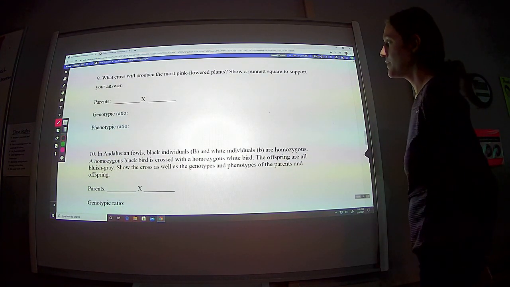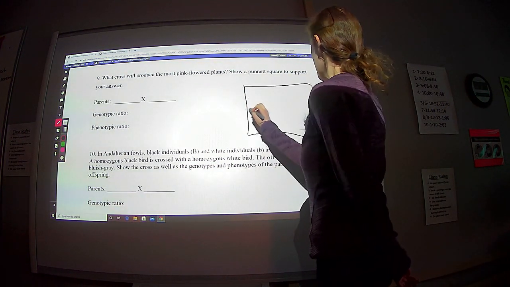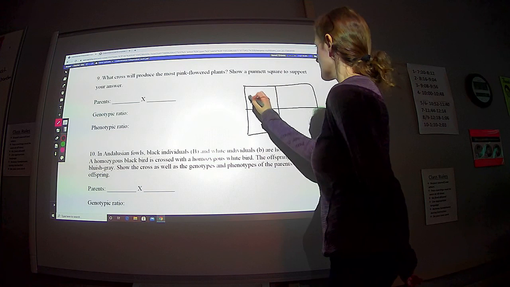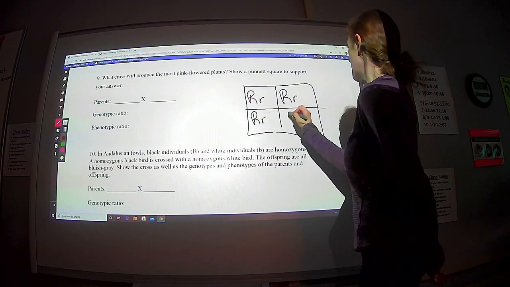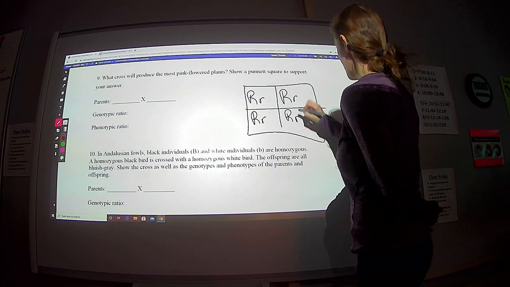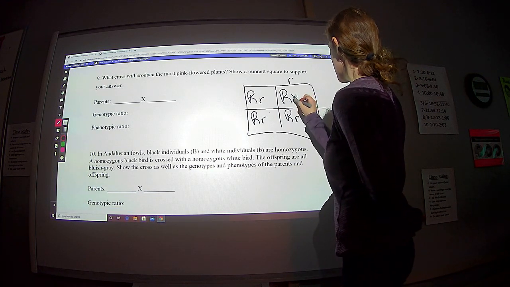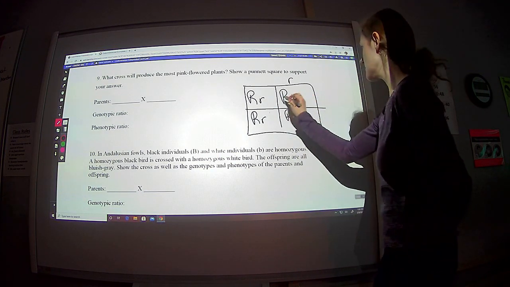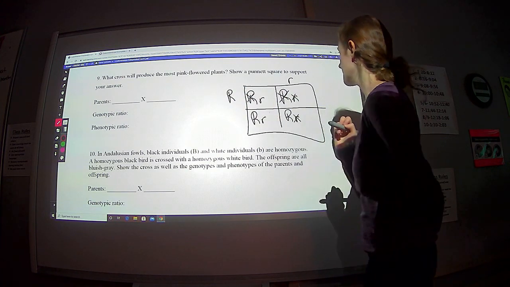What type of cross will produce the most pink flowered plants? So we want all of our plants to be pink. So that means that I want to have this heterozygous genotype filling up my box. So if I'm pulling a little r up here, that means that since this letter is gone for both of those boxes, over here has to be a capital R. So I'm getting rid of the capital R here.